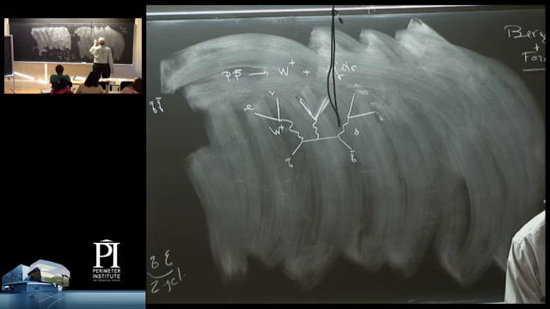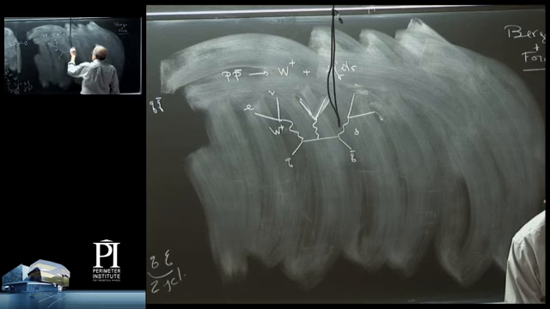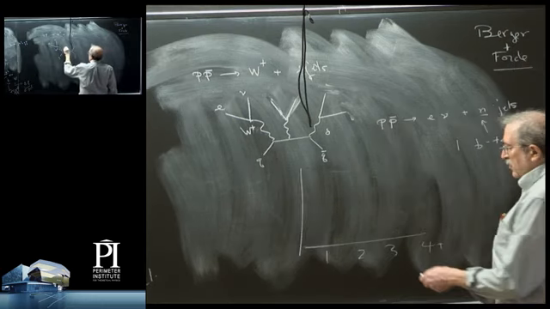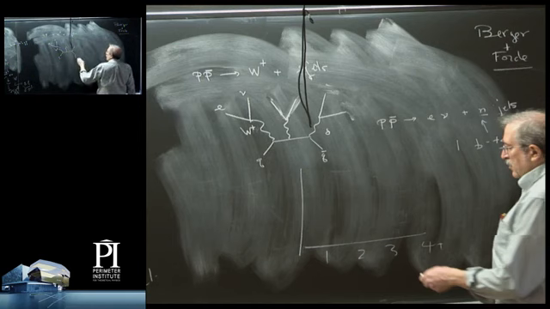So for example, I could have a process where I have q q-bar radiating a W, which then goes to e nu. It radiates a couple gluons. One of these gluons splits to b b-bar. That's certainly an allowed process in the standard model.